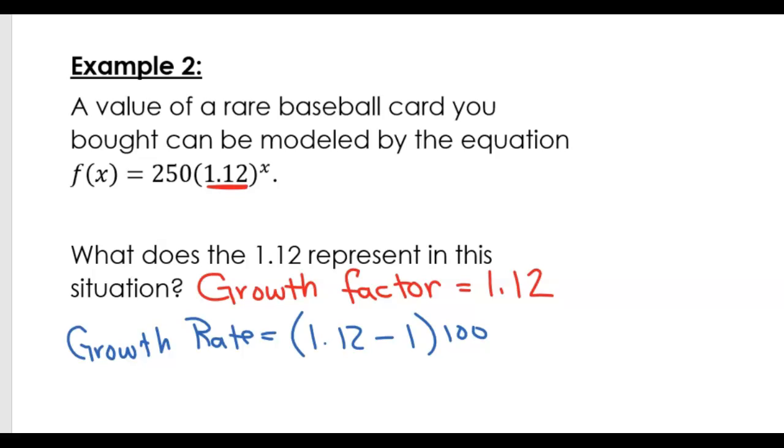You take the 1 off and you times it by 100. This is increasing it in cost, price and value at 12%. Since it doesn't tell me any different, that's 12% per year. In a previous example we looked at, it was per day because it said per day in the problem. If it doesn't tell you what the time period is, then the default is per year.